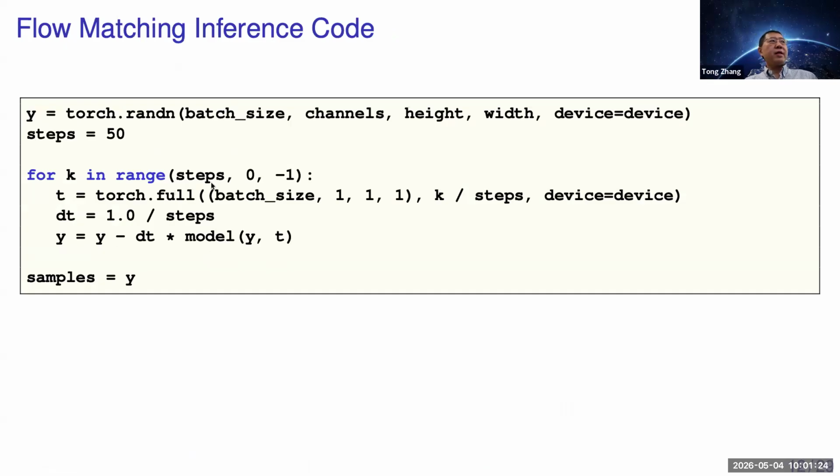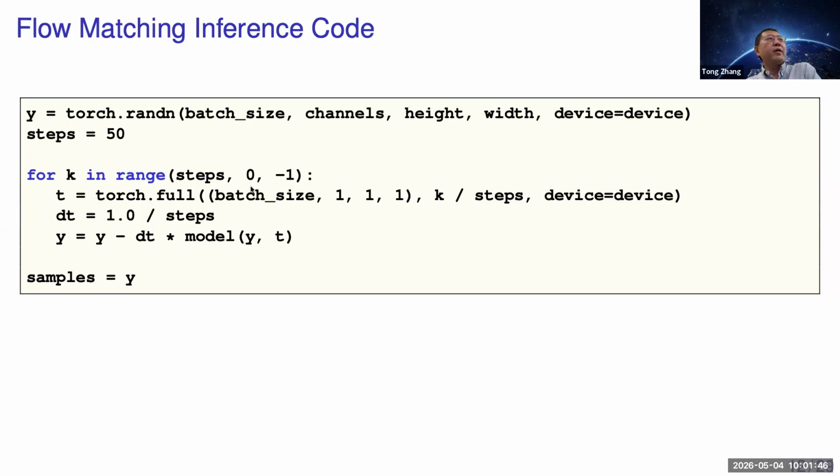And for the inference, you start with this, and T is basically starting from 1. So this is 50 steps, starting with 1, right?